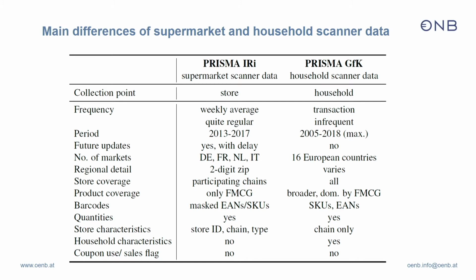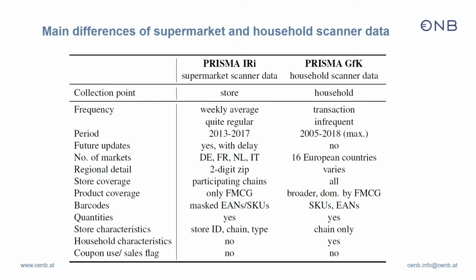The time periods are a little different, and the countries covered as well: 16 countries for the household scanner data, only 4 countries for the supermarket scanner data. We know, as I said, where the household is located in the one case, or where the shop is located in the other case.